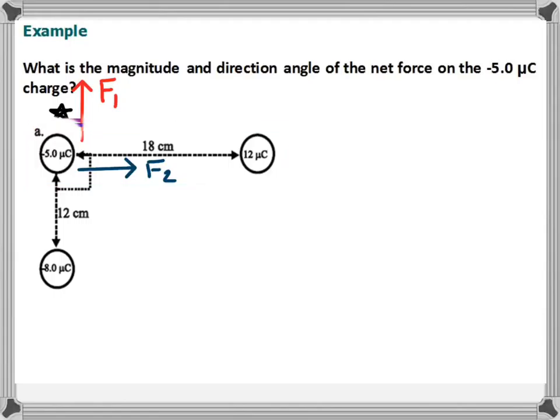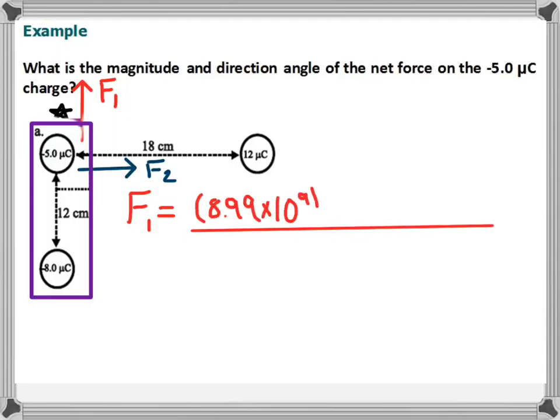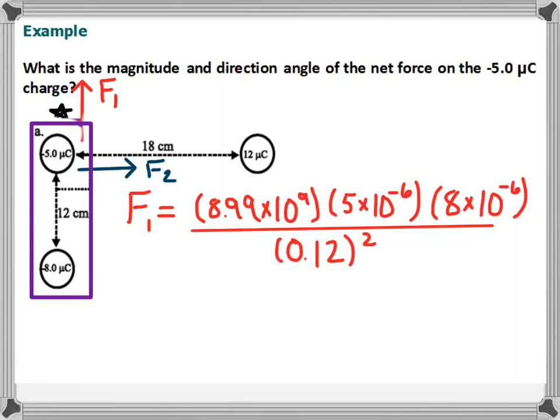But we can do this very quickly here, so let's go back to these two charges and first calculate F1. So I'm going to just write out Coulomb's law for those two particular charges. K times Q1 times Q2 divided by the distance in between them squared. And don't forget, we need it in coulombs and in meters.